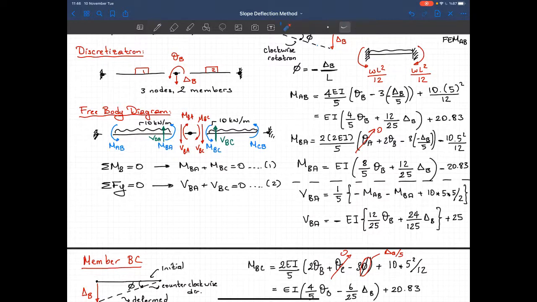And that's the expression for the shear in terms of theta B and delta B.